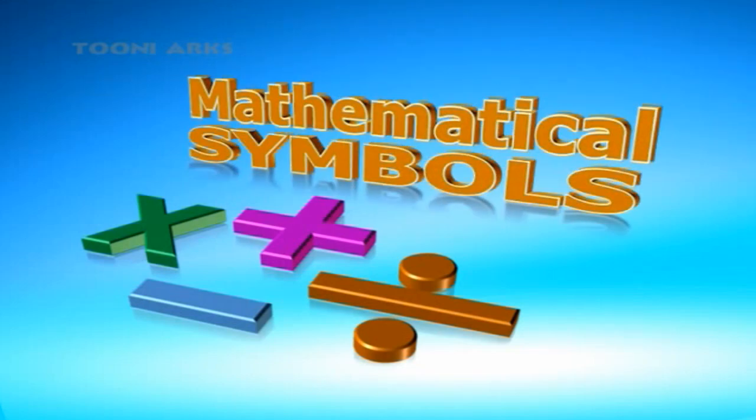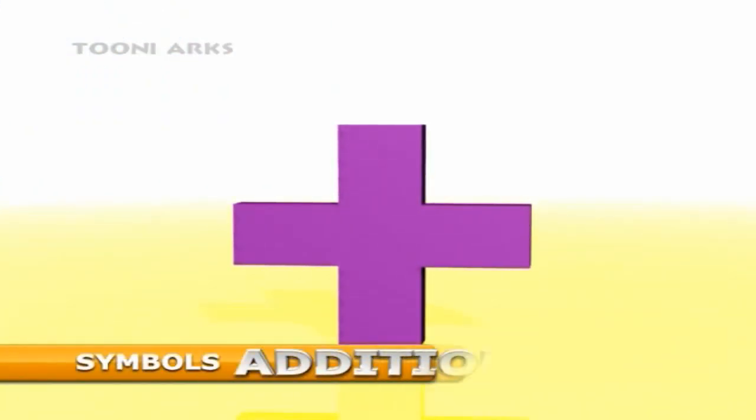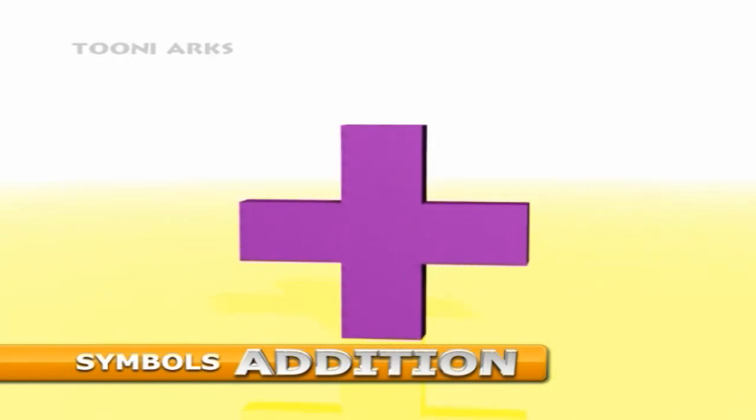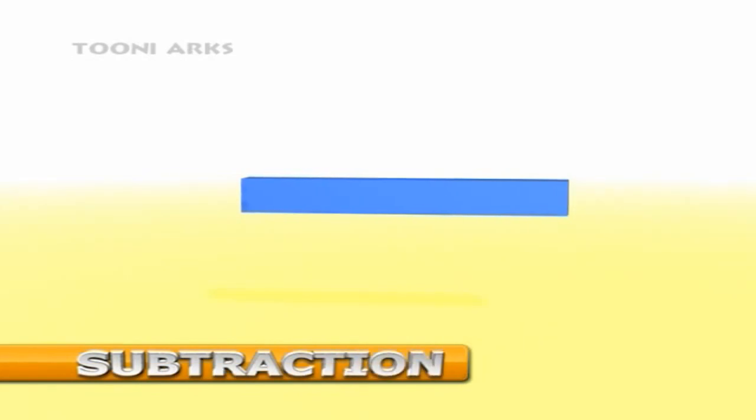Symbols. Now it is time for some mathematical symbols. It is very important to know these symbols if we have to do some sums in mathematics. This symbol is used for addition. Addition means that we have to add the numbers. This symbol is used for subtraction.